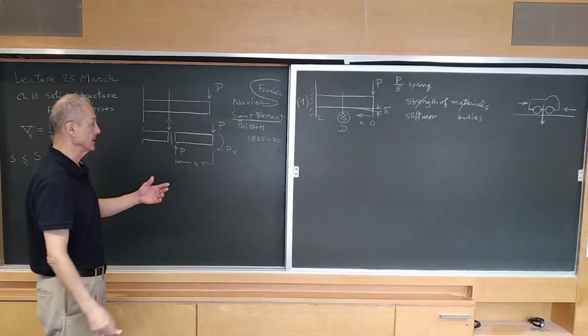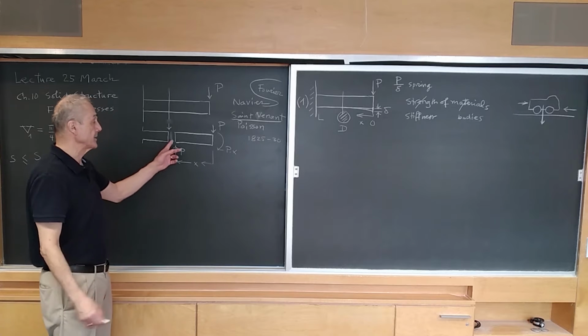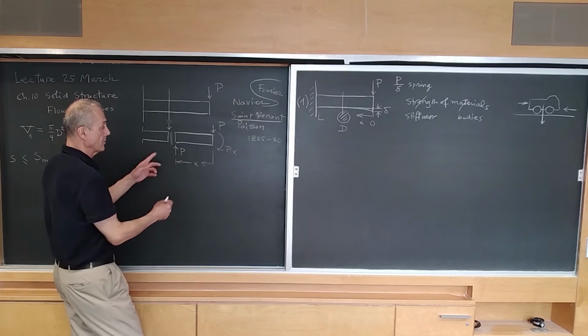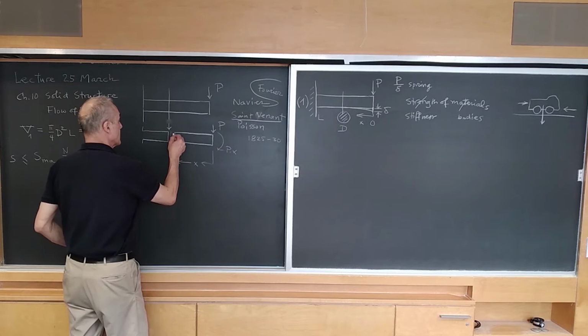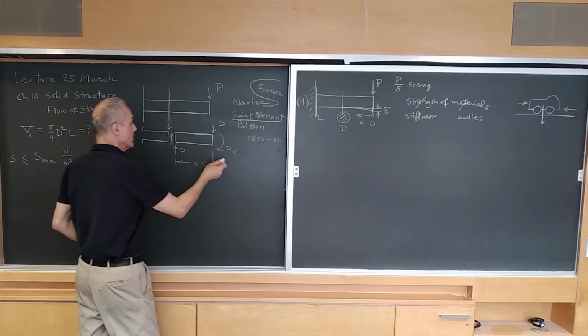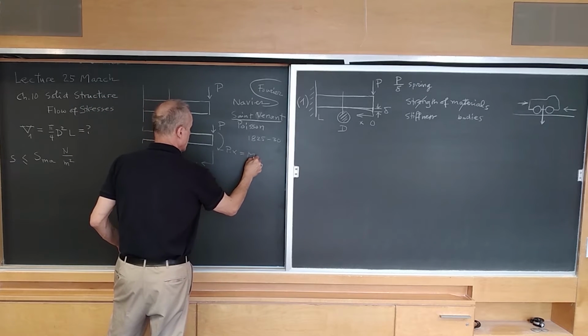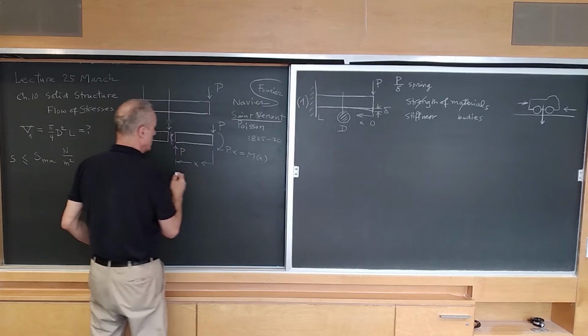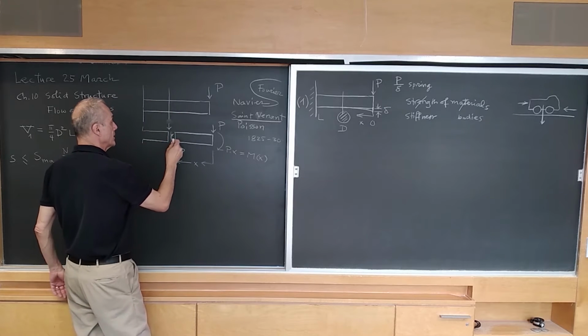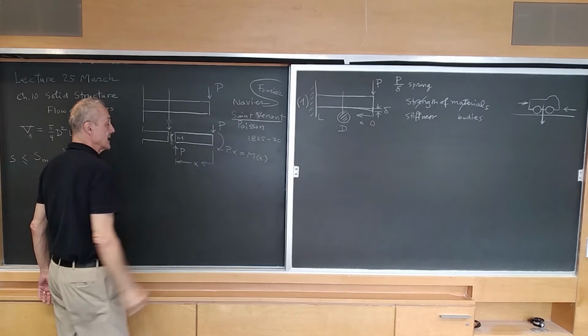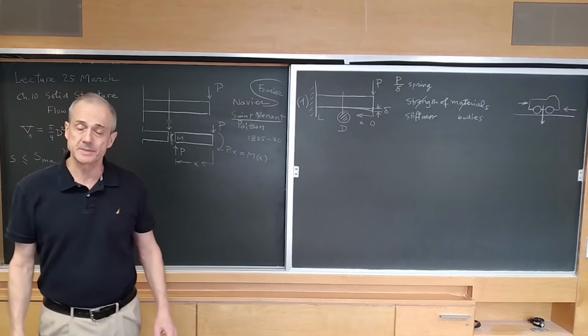So the next aha is that on this face of the chunk, there is a moment which we will call very soon M as a function of the location of the cut, a moment of the same size M but of opposite sense.